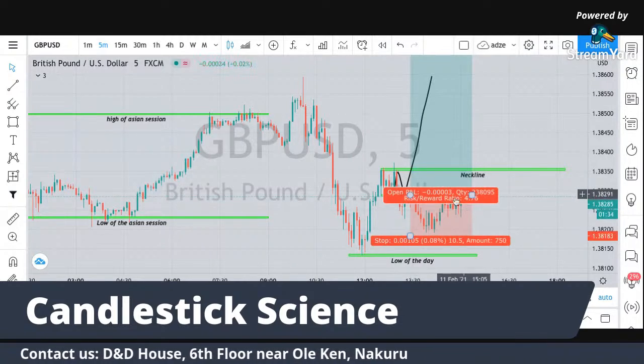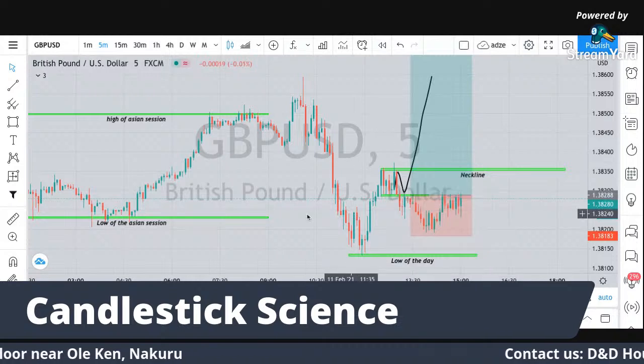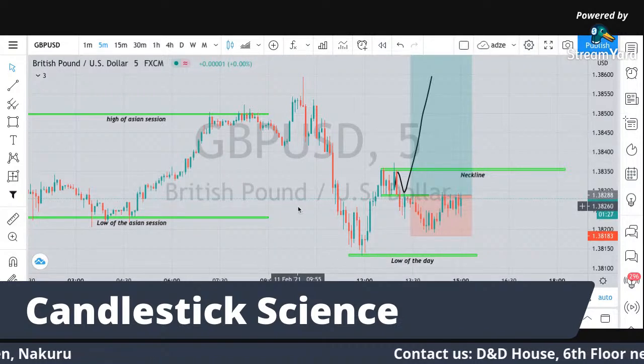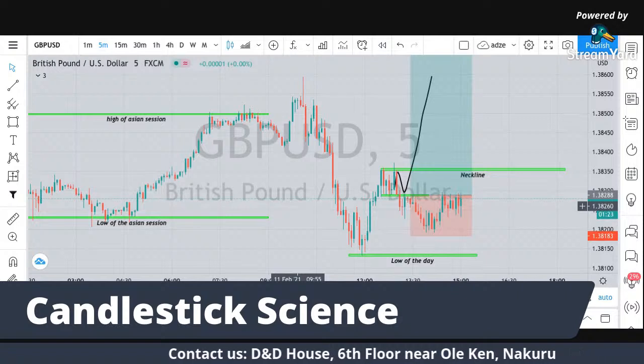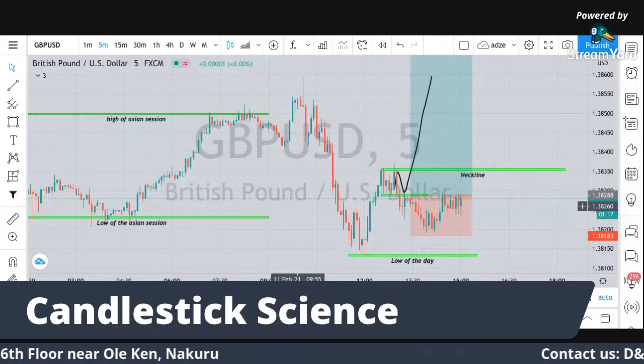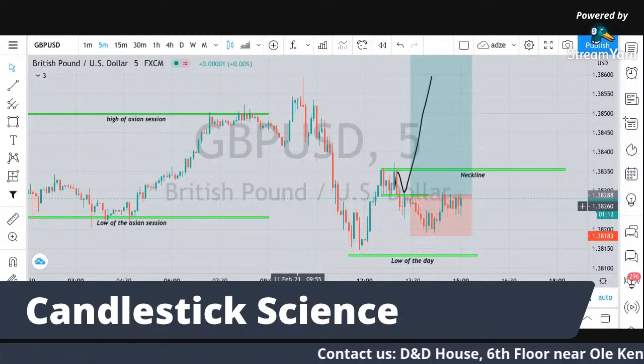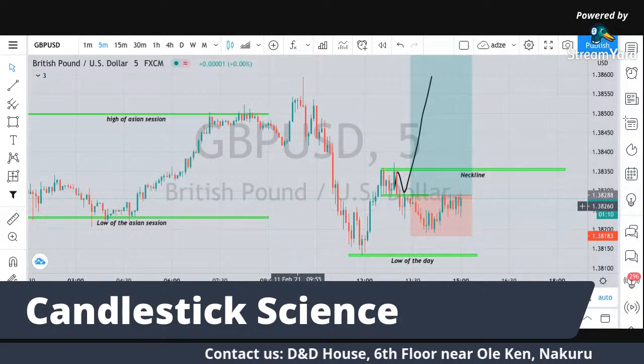I'm waiting for price to break this zone. At least I smelt a blue in my trading. At least I counted for blue. So the moment, like, my issue, and I'm learning to work on it, is moving the stop loss.